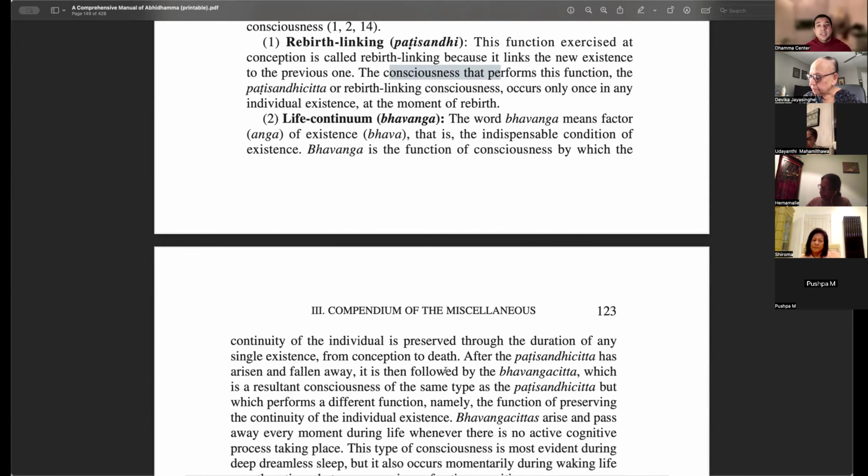Panchadvara vithis, the five sense door vithis. So, in other words, the Bhavanga arises between moments where sense objects are cognized, and between moments where mental objects are cognized, and at moments of deep sleep, right?